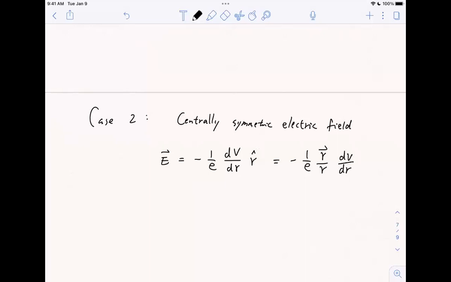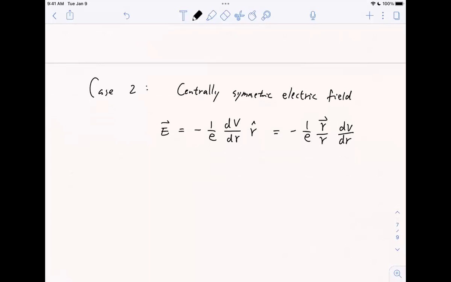You need to include the interaction due to the nucleus and also the screening effect due to other electrons. But no matter how complicated those interactions are, eventually the electric field must be centrally symmetric because the atom has spherical symmetry. Then the spin-orbit coupling will be this.